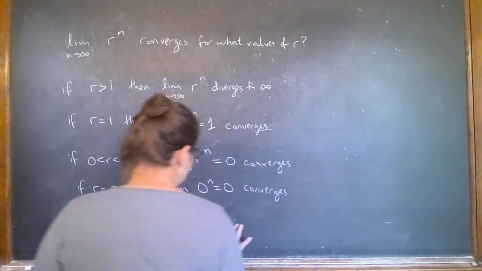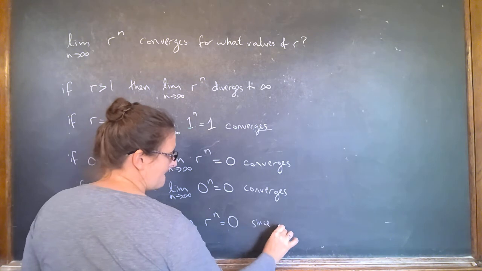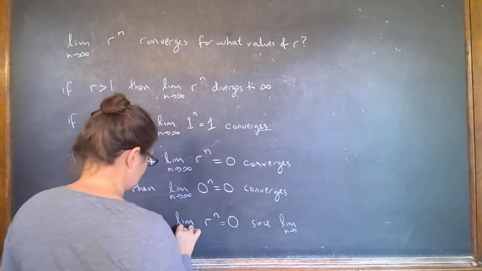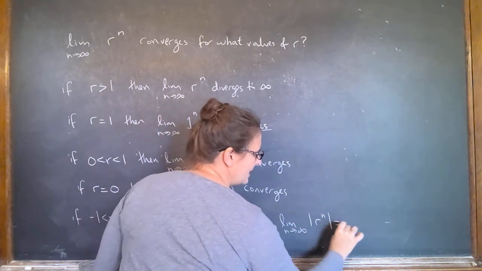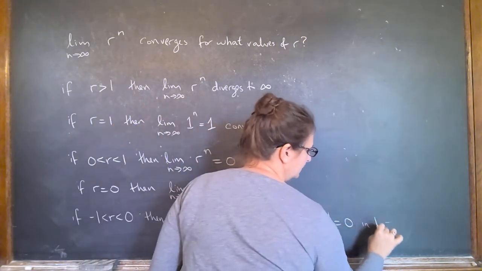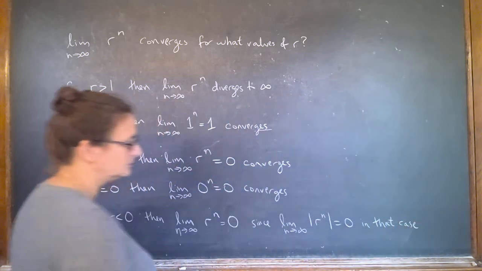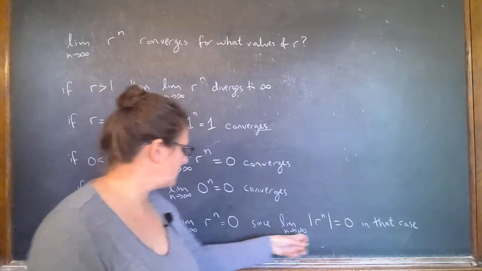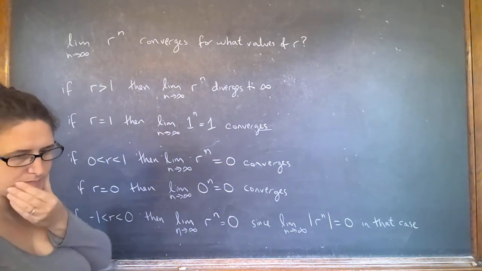So this guy equals 0 since the limit as n goes to infinity of the absolute value of r to the n equals 0 in that case. So if this equals 0, then that equals 0.